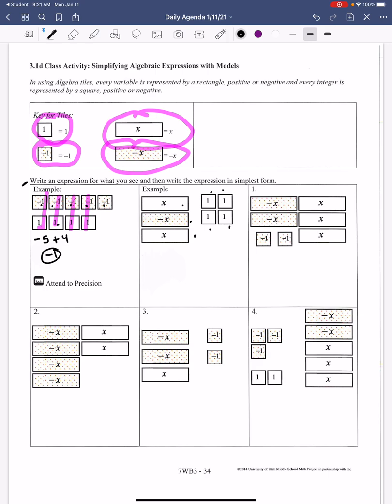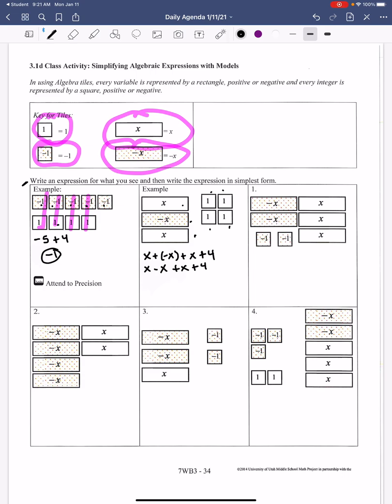So we have an x plus a negative x plus another x plus 4. Another way that you could write that would be x minus x, because remember, adding a negative and subtraction are the same thing, plus x plus 4.